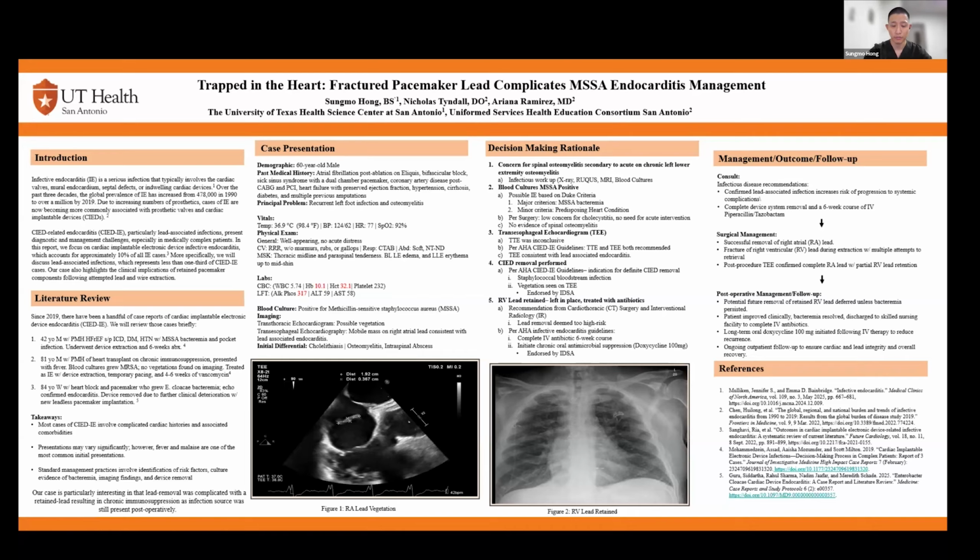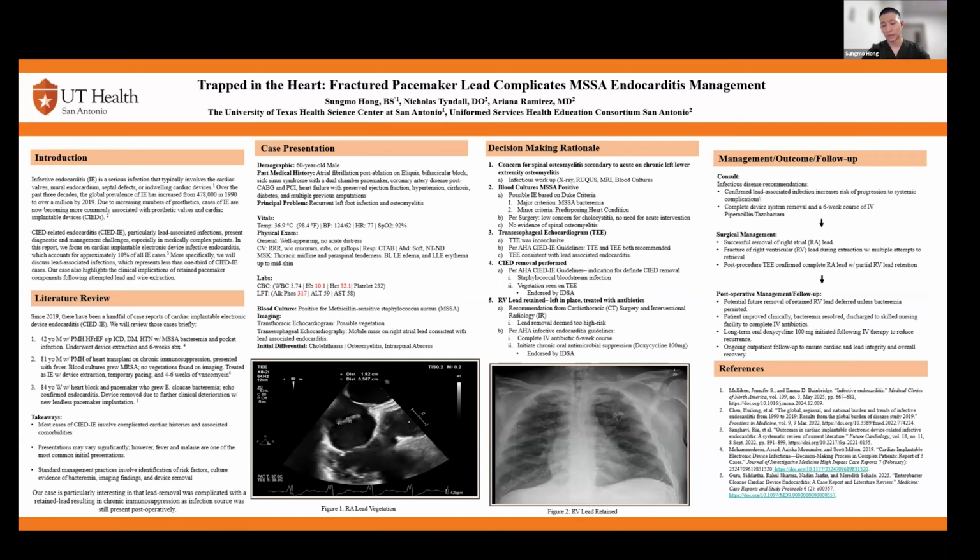Infective endocarditis, to give a brief summary, is an infection that typically involves cardiac valves, mural endocardium, septal defects, and indwelling cardiac catheters. From 1990 to 2019, there's been a significant increase in the global prevalence of infective endocarditis from around 478,000 to over 1 million.